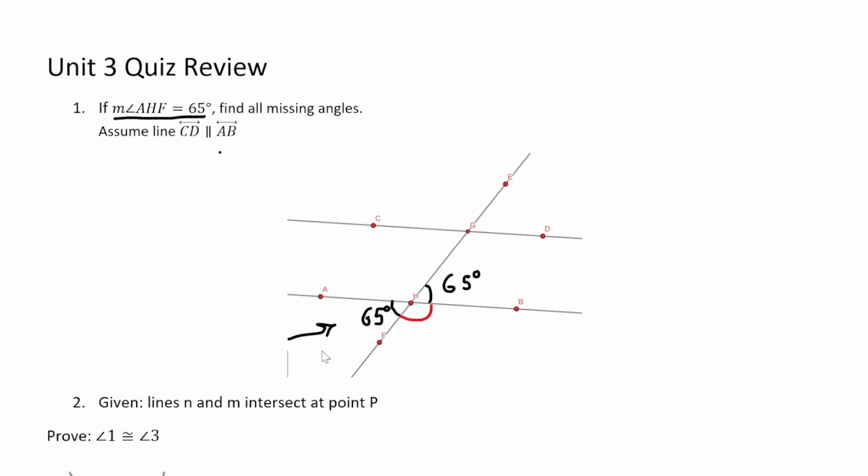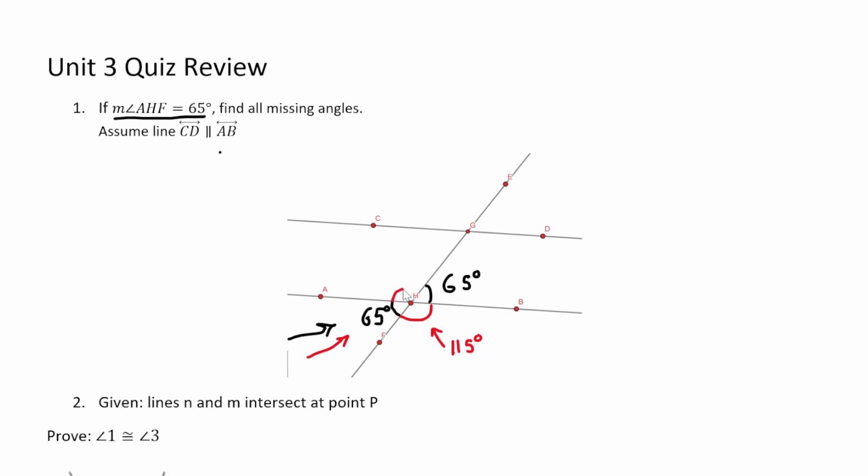Well, if you notice, this original angle and this one, both of them together make up a whole straight line. So then these two angles are supplementary, and because they are supplementary, that means this angle measures 115 degrees. 115 because 115 plus 65 will be 180. So these two angles together are 180.